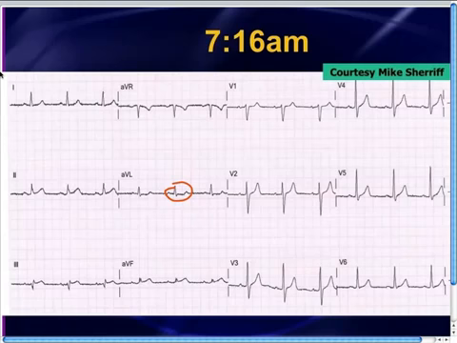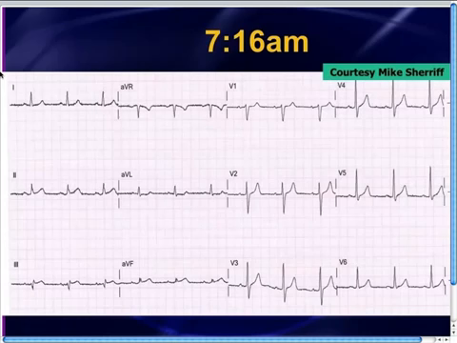Now, let me just give you a minute of background on that. For decades, literally, some of the EKG gurus like Henry Marriott and Edward Chung and some of the other big-name cardiologists out there have talked about lead AVL and how ST segment downsloping or T-wave inversions in AVL can sometimes be the earliest marker of an impending inferior wall MI.